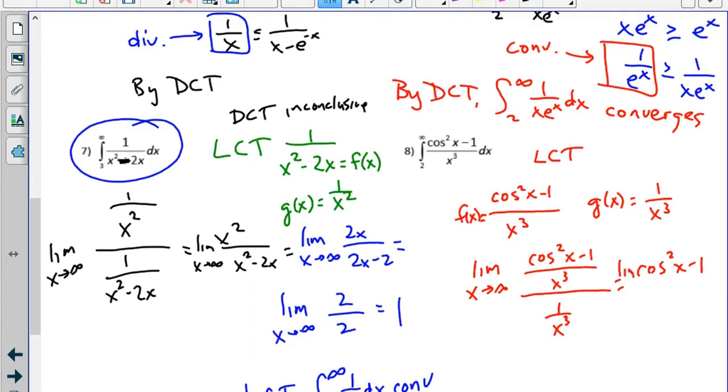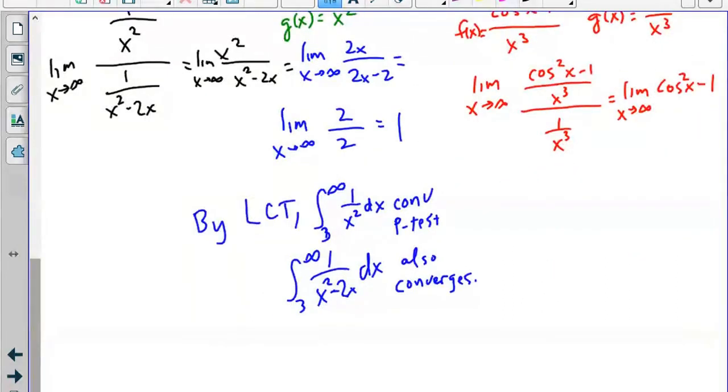So that's the limit. I need to just rewrite this because that's chaos over there. So that's the limit as x approaches infinity of cosine squared x minus 1. The limit as cosine squared x minus 1 goes to infinity. That is an inconclusive test, unfortunately.